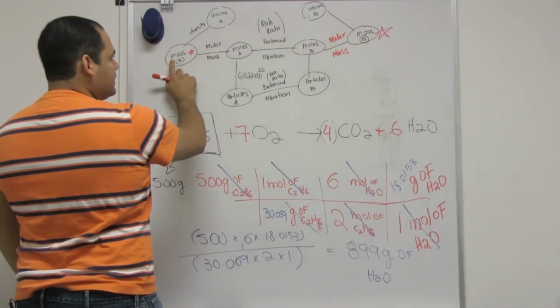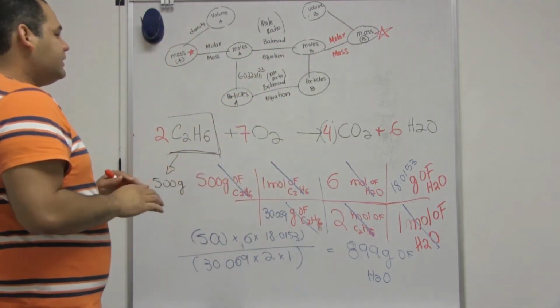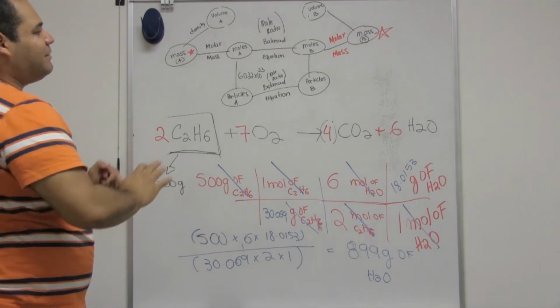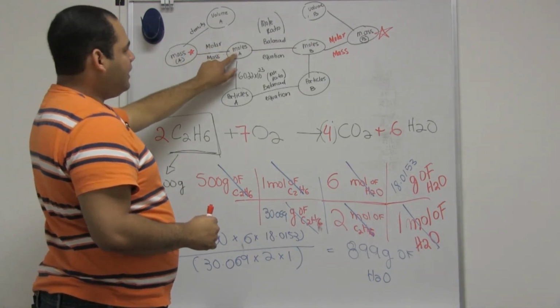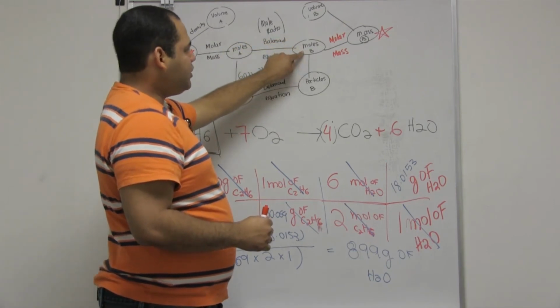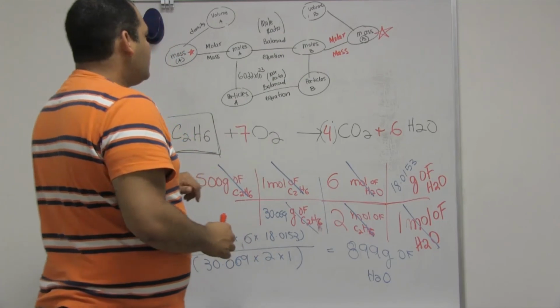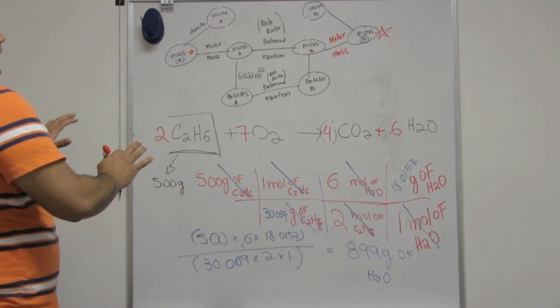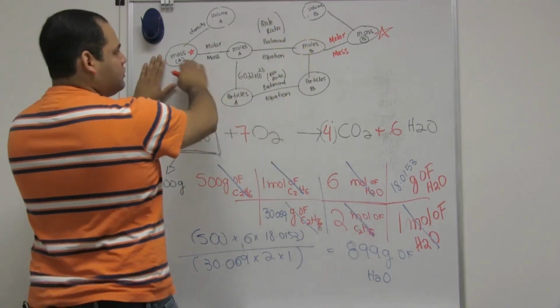So in order to do this, I just follow the lines. If the question is asking me to find the particles of B, I would do mass, moles of A, balanced equation, and then go here using Avogadro's number. So look at your molar map, say I'm here and I need to find this particular part, and just follow the molar map.